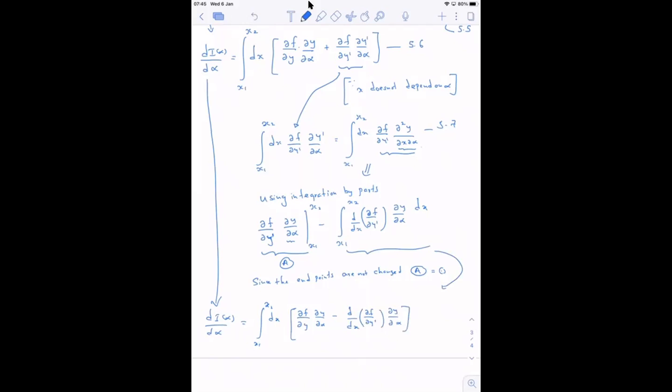So what I did was I just rewrote 5.6 here, but for the second term of 5.6 I can apply the solution that I got for 5.7, right? Because the first part is 0 and you just get this part right here. So I have written it in my expression. That's all I did.